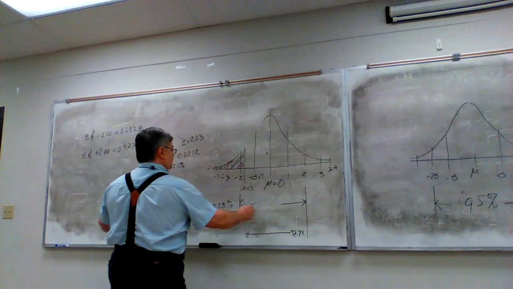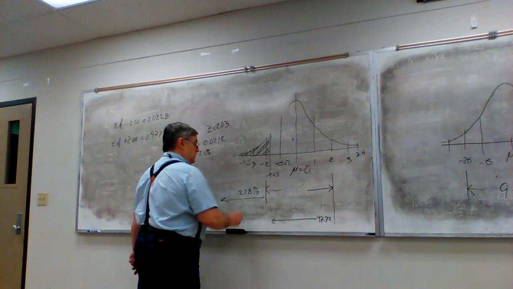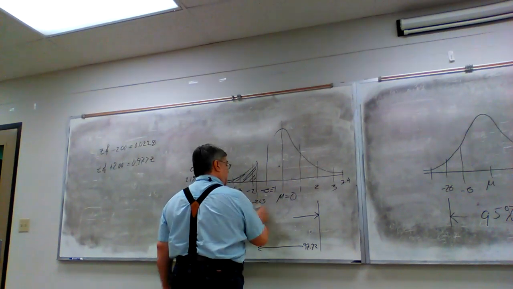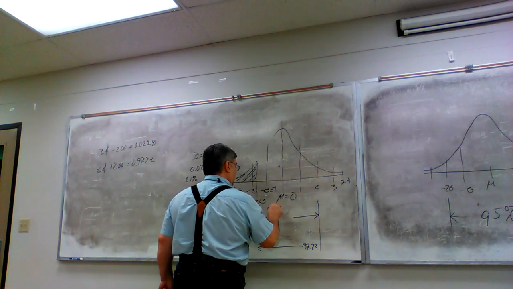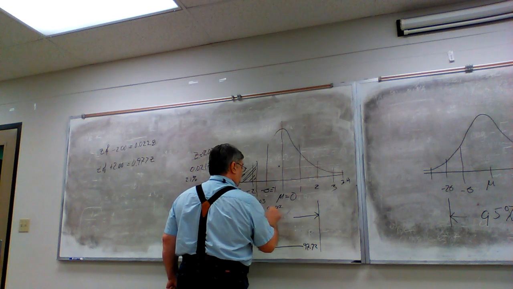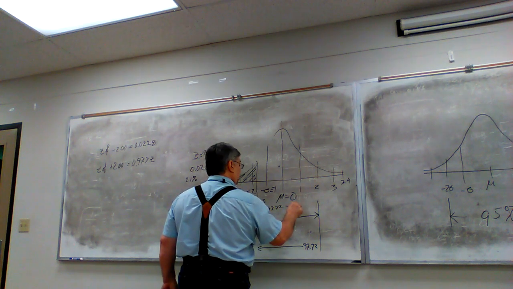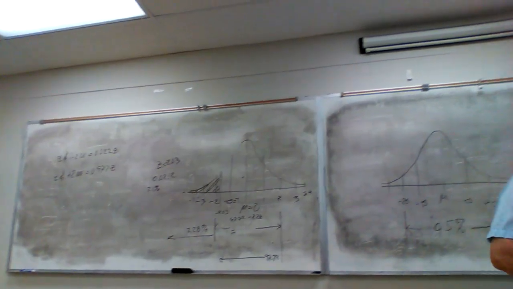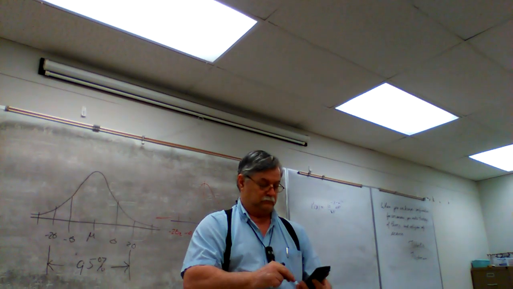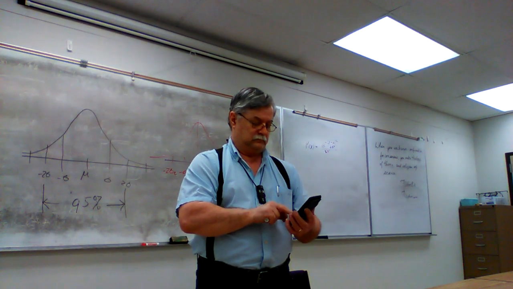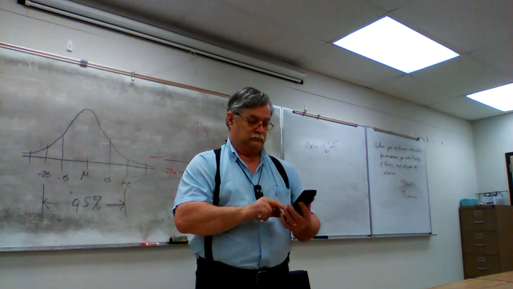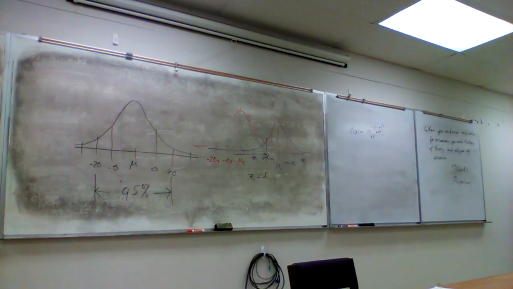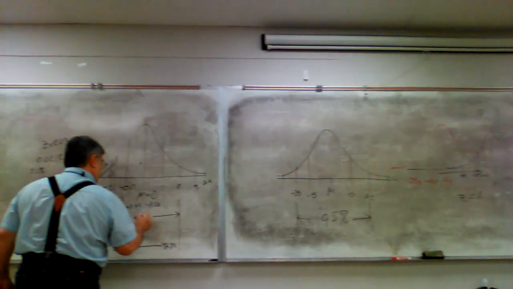Well, if all of this is 97.72%, and from here on is 2.28%, then everything from here to here will be 97.72 minus 2.28 equals what? Equals 95.44%.